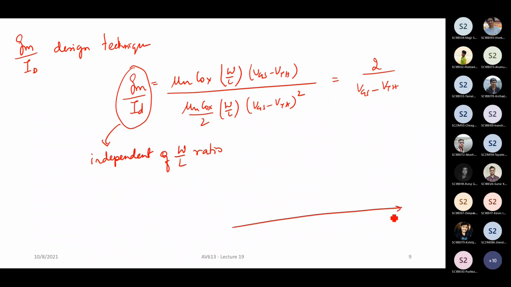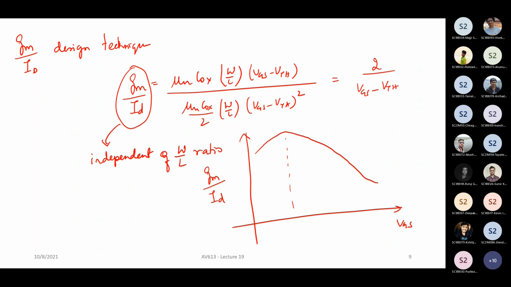And if you plot the GM by ID ratio versus VGS, because in the table you already have GM, ID, and VGS, you can plot this. You will see something like this. It peaks in the subthreshold region, and as you keep increasing the VGS, it keeps dropping.